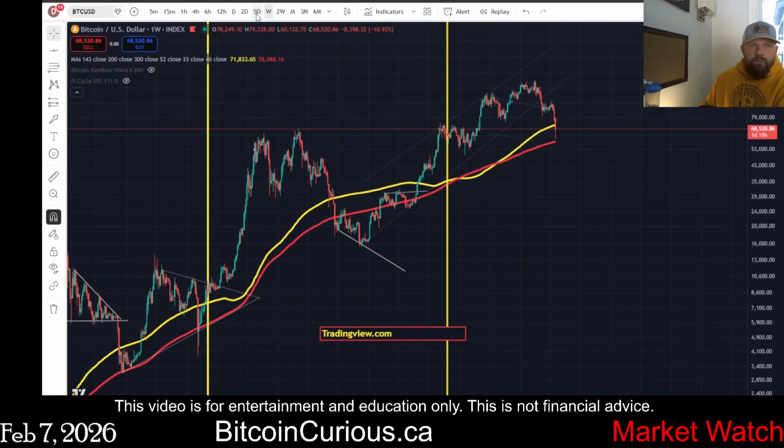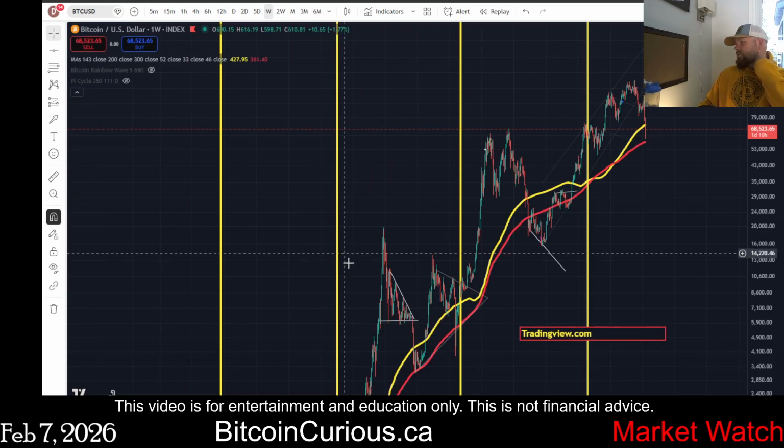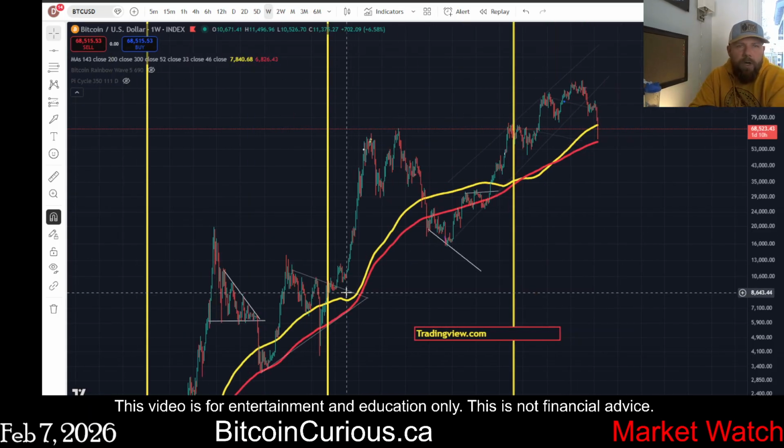Make sure you're on the weekly, because if you go over to the daily, it's literally going to be 143 days and 200 days. That's not what we want. Let me switch it over to the weekly. You really should only be watching the weekly chart anyways. There's no need to go down to the daily chart unless you're really trying to hone in on a certain buy.